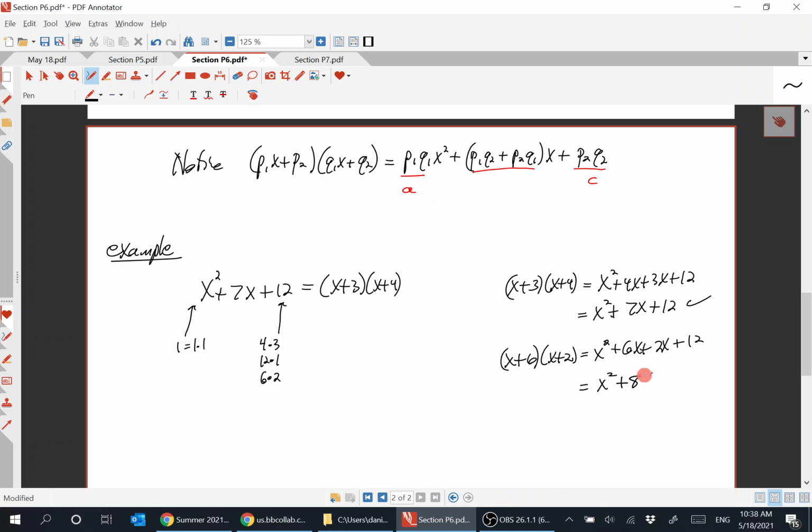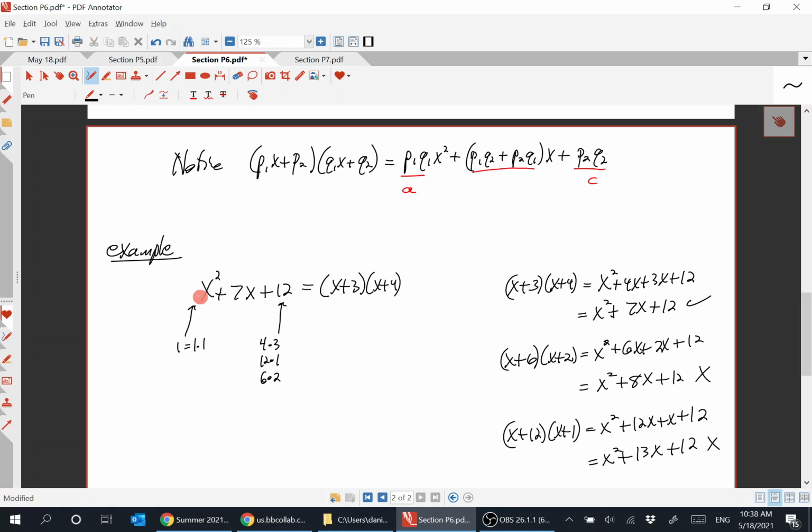So that's x squared plus 8x plus 12, right? So that didn't work. Nor does the x plus 12, x plus 1. That's not going to work either. That's x squared plus 12x plus x plus 12. So that's x squared plus 13x plus 12. So that didn't work.